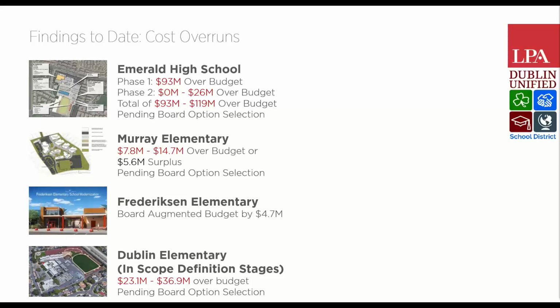And then there's one last question that came in. The cost overruns for phase 1 of Emerald cannot be explained by escalation alone. What is the primary driver of the overrun with that project for phase 1? Well, I'd say that the project was underestimated from the beginning, is what I would say was the main driving factor.